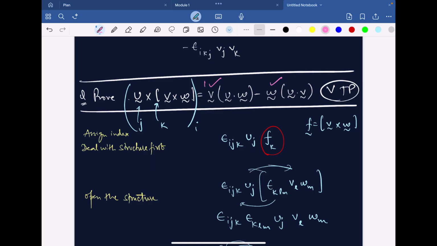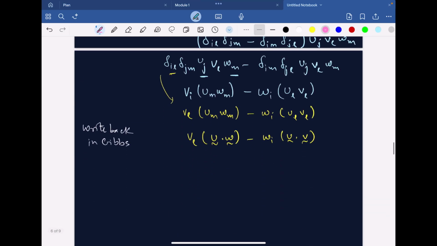The whole left hand side is of index i, so the entire equation, one vector equals another vector minus another vector, should have the same index.